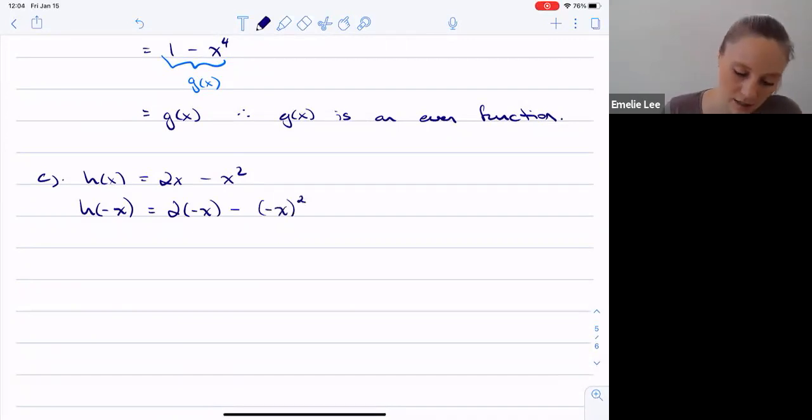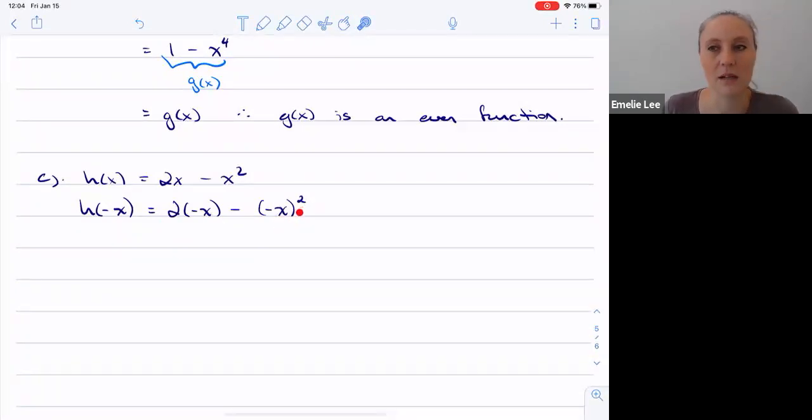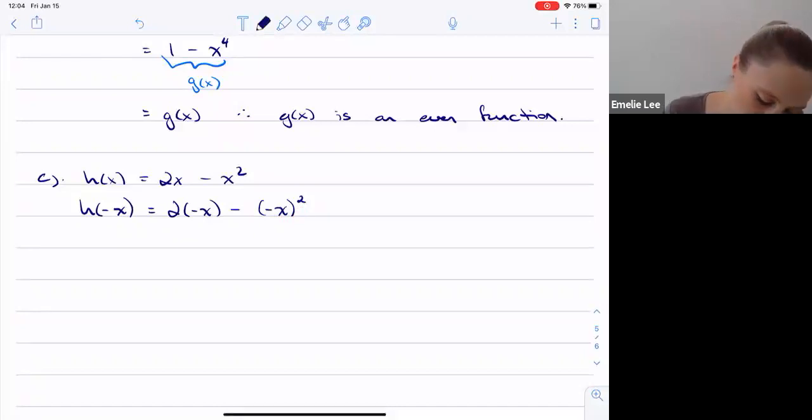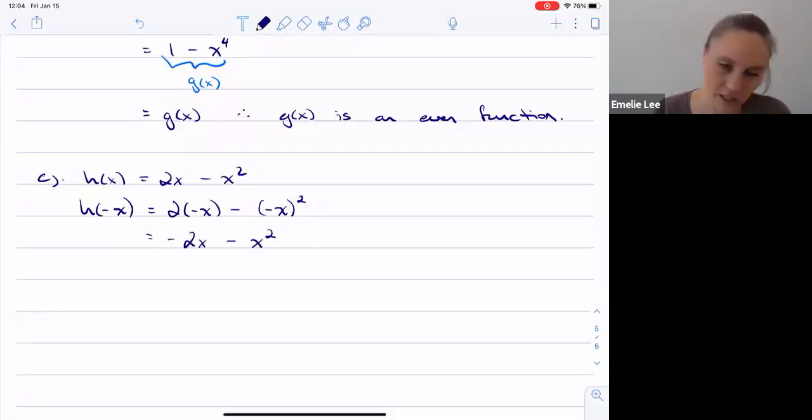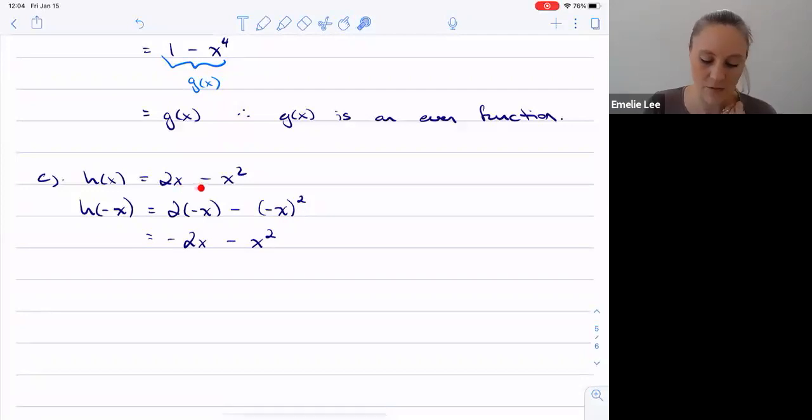I can pull this negative outside, right? Negative 2x, and then minus x squared, because the negative x squared is just x squared. And so you get negative 2x minus x squared. I can't rework this into any version of 2x minus x squared, right?